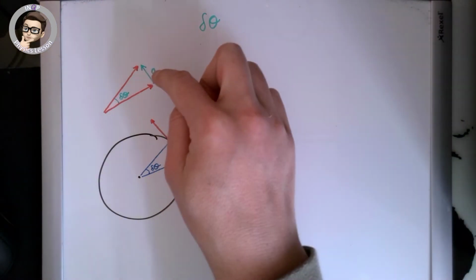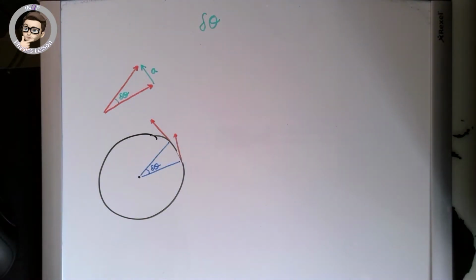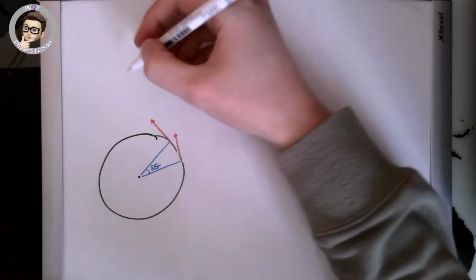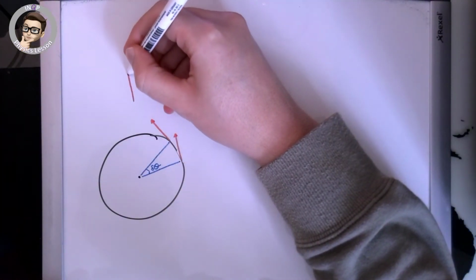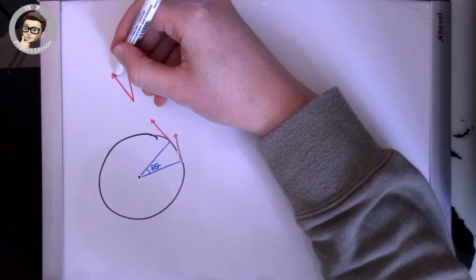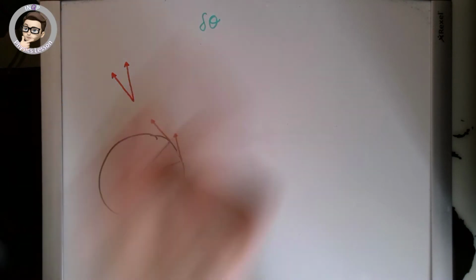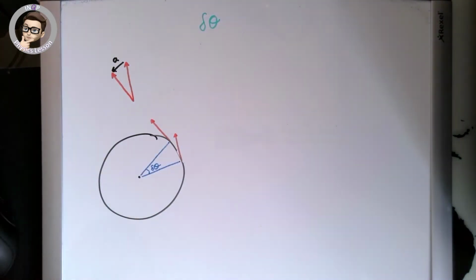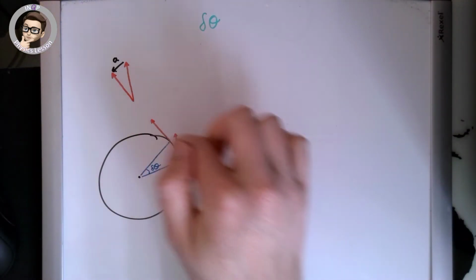Okay, so we've got that acceleration. It's acting towards the centre. I'm going to get rid of that because I think I'll confuse you if I stick with that. So we'll go for one in that direction, one in that direction, and then there is our acceleration.